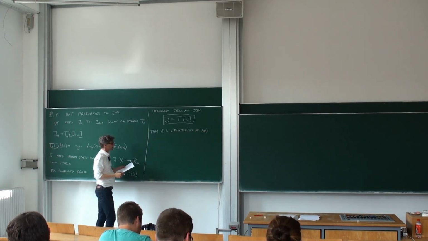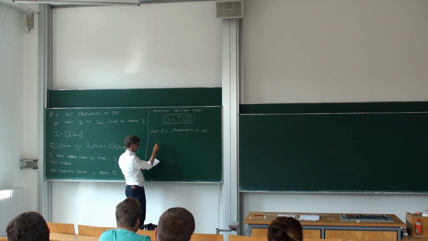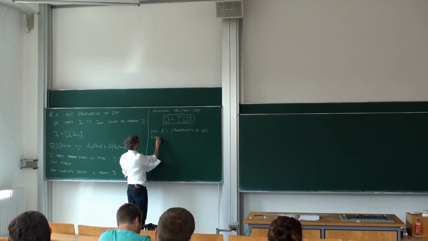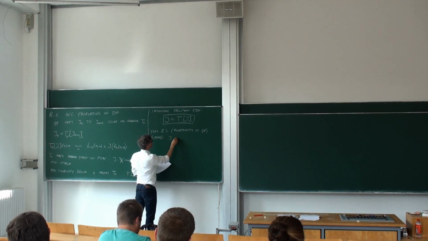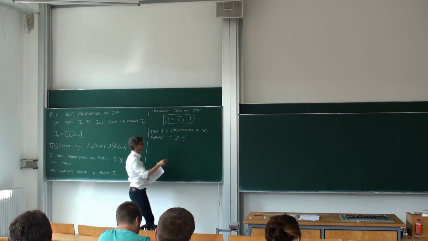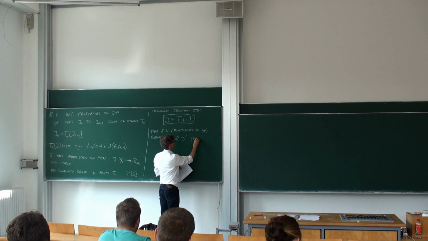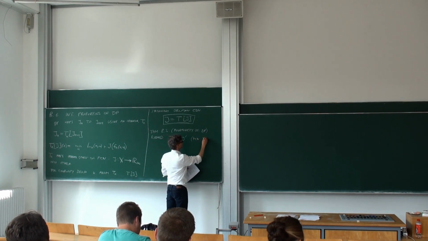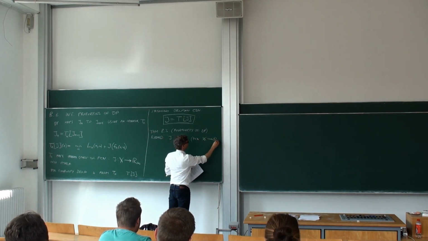And it just says, regard J and J prime. So just two value functions. Yeah? So these are functions from X to R infinity, right?